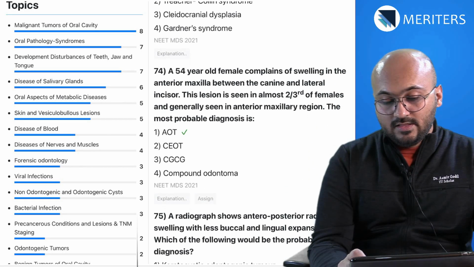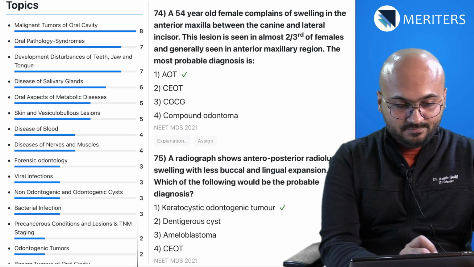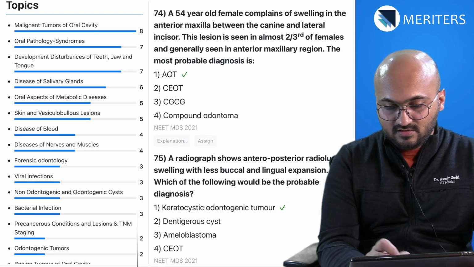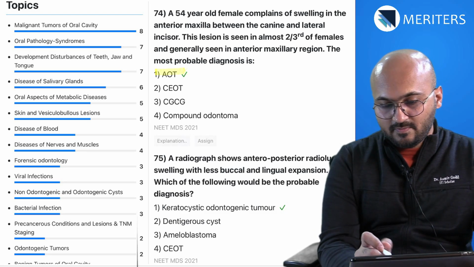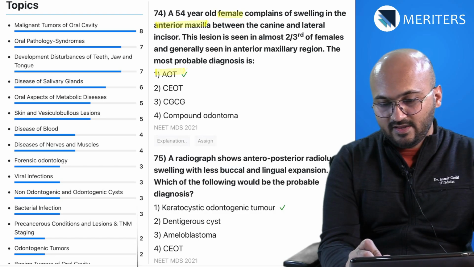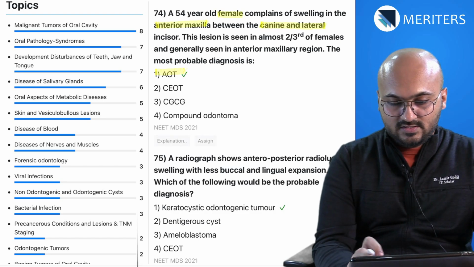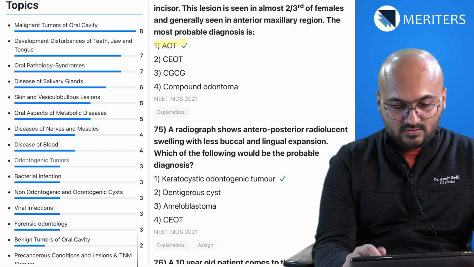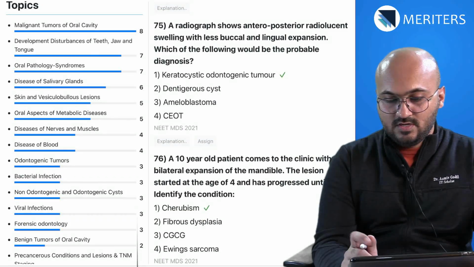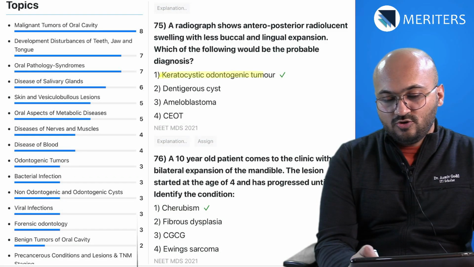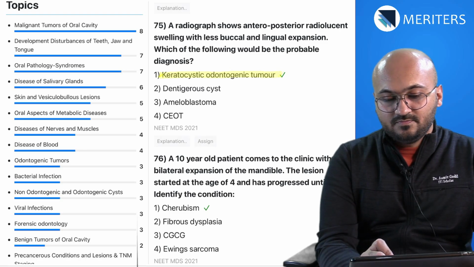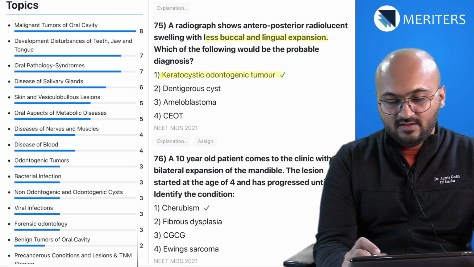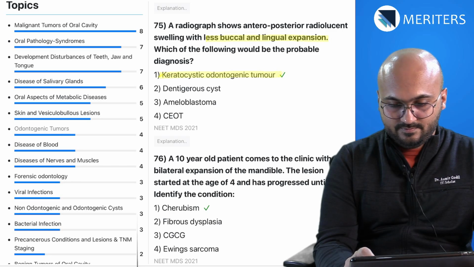Okay. Then the next question is on AOT. It's a 2/3 tumor, anterior maxilla, female, canine, all 2/3. See? So that's odontogenic tumors. Then keratocystic odontogenic tumor, and the swelling is expanding in a specific way.